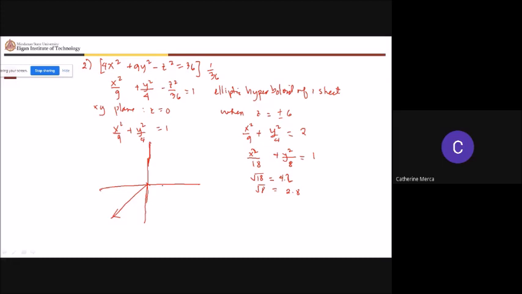In the xy plane, this is your x and this is your y. At z equal to 0, you have x at plus or minus 3, so 1, 2, 3, and the other one 1, 2, 3.